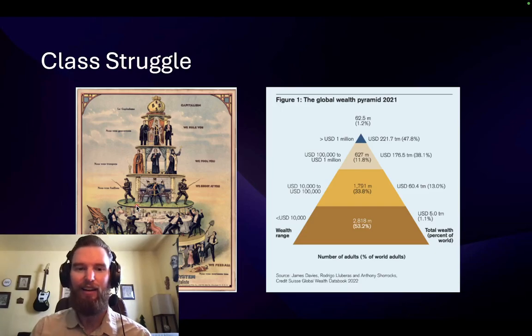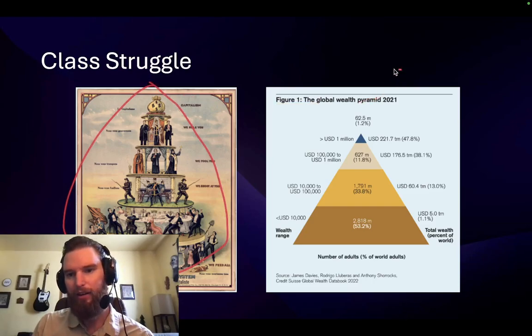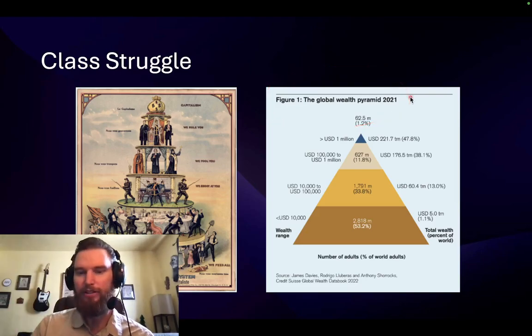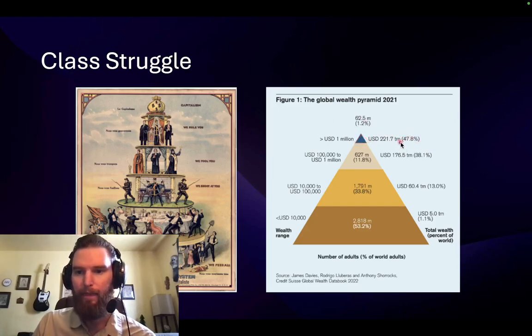And here we see the interpretation from 1901, but then we have in 2021 a look at the global wealth pyramid, right? So we're seeing here at the top of this pyramid, this blue chunk right here. This represents nearly 50% of the wealth of the globe, and that's in the money over here.